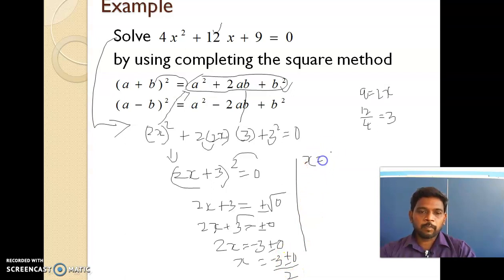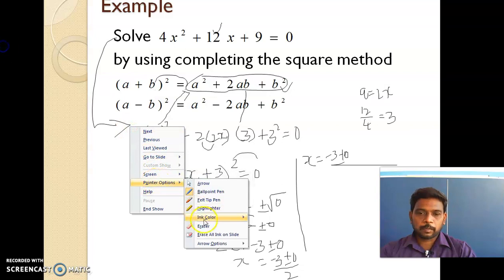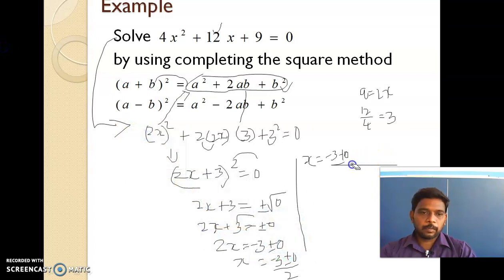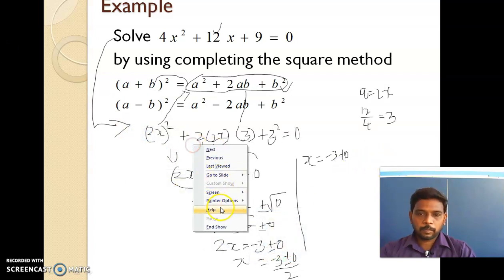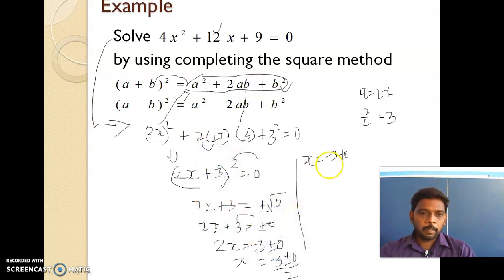So x equal to minus 3 plus 0 by 2 comma, and then negative root minus 3 minus 0 divided by 2, because it is a quadratic equation, it contains two zeros, that's why I put here plus or minus, so that one is positive and another one negative.